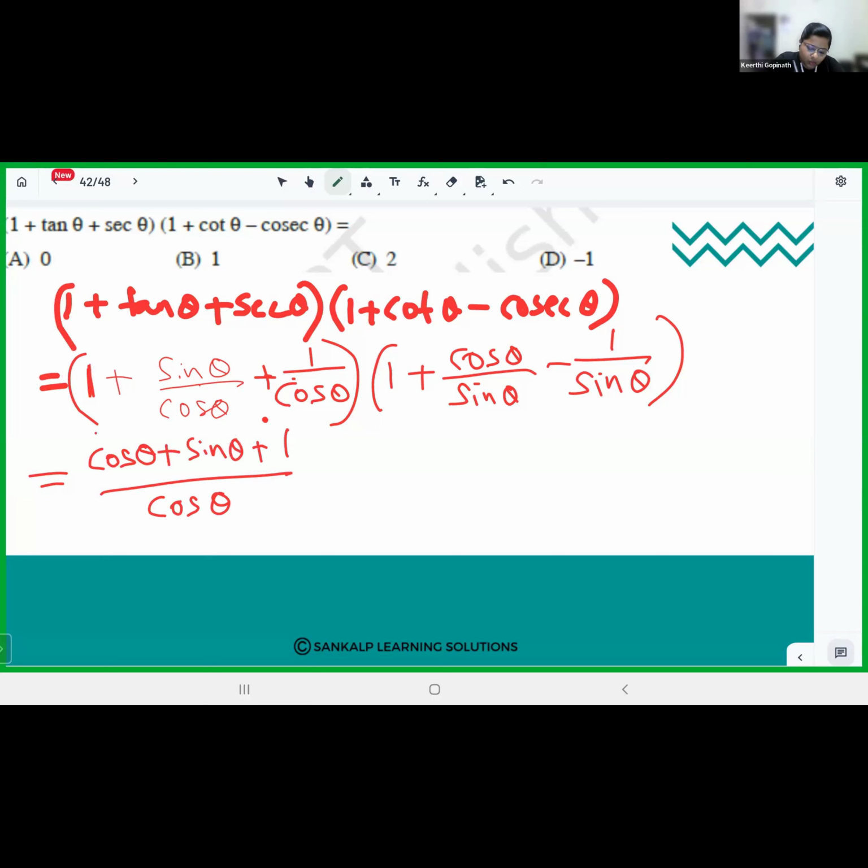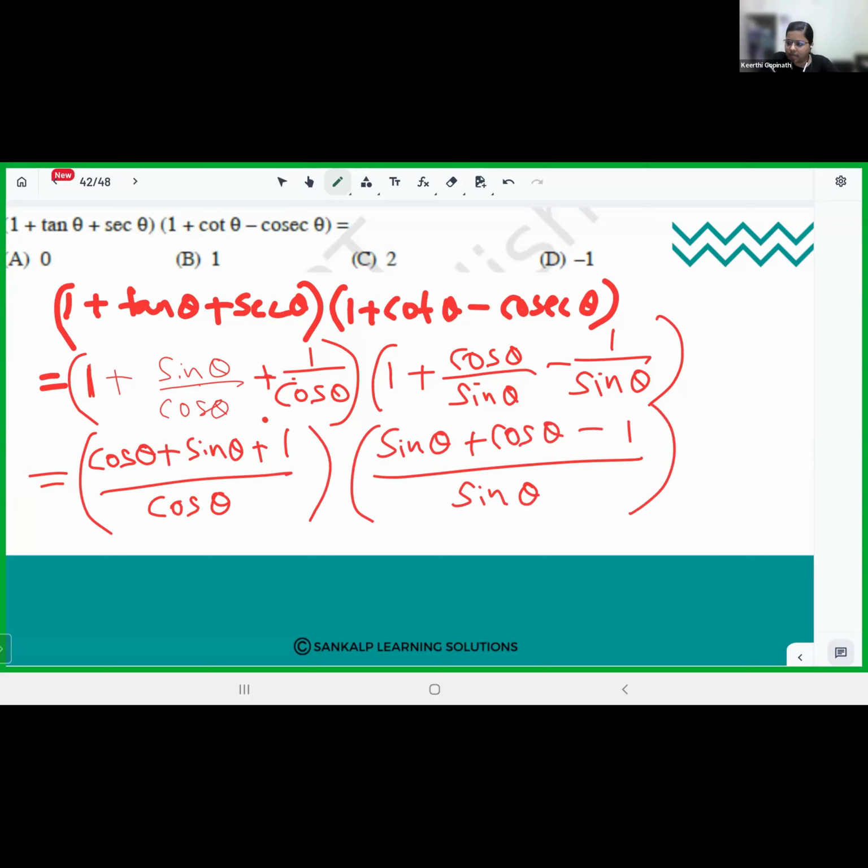Here you can see that sin theta is common, so you make the first term's denominator sin theta as well. So sin theta plus cos theta minus 1. Now what you have to do is multiply each term.